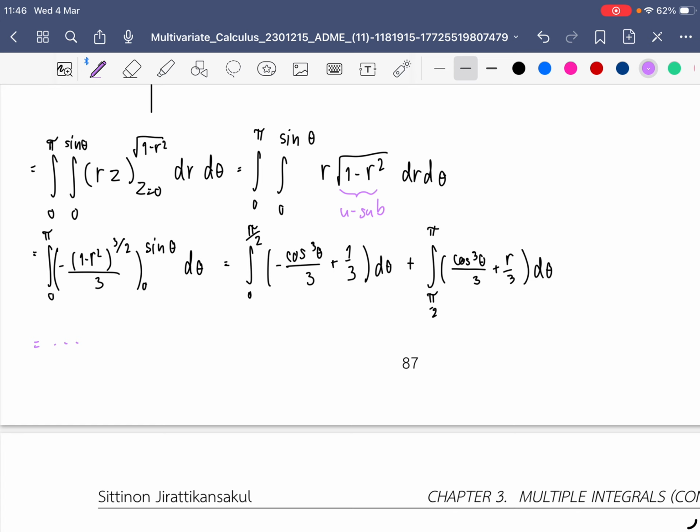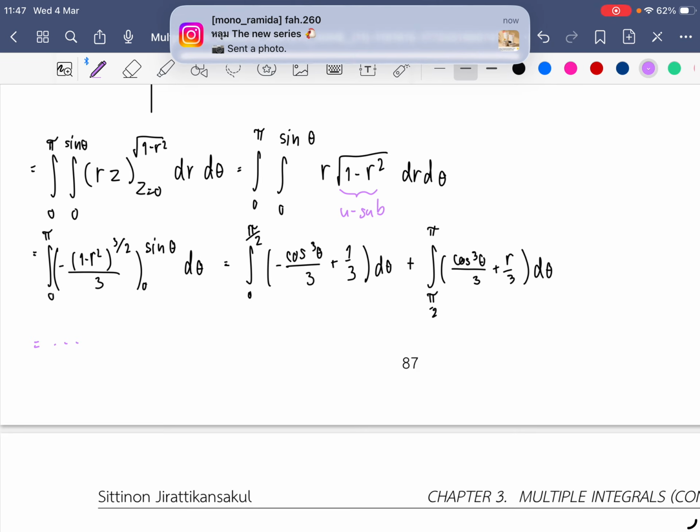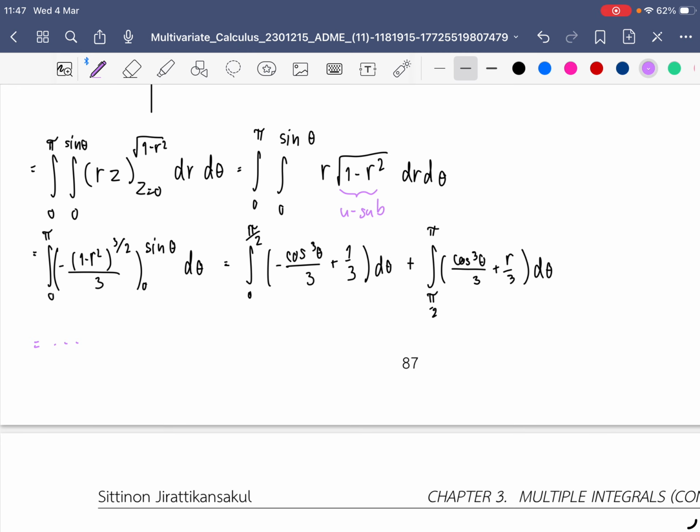But I expect you to set up the integral correctly. Suppose I have a question in the exam where you have to do this full work, from the beginning to setting up the integral correctly.